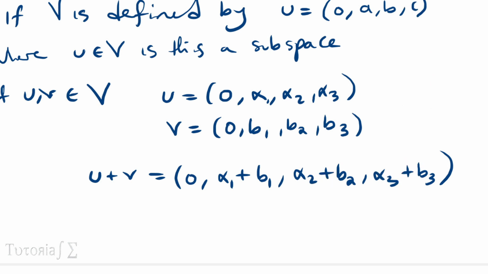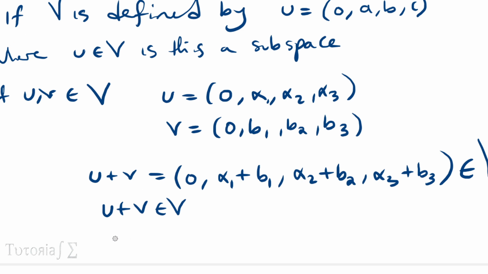So we see that when we add this, it will still maintain the definition. It will still be part of the set V. Okay, now let's try to multiply. So number 1 has been verified. So we are saying u plus v is still an element of the given space.